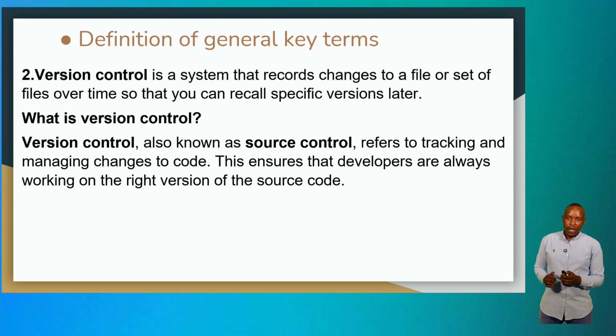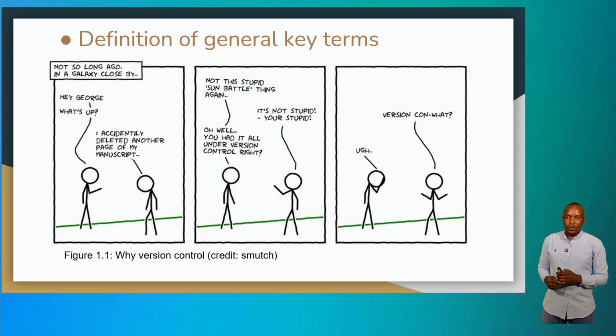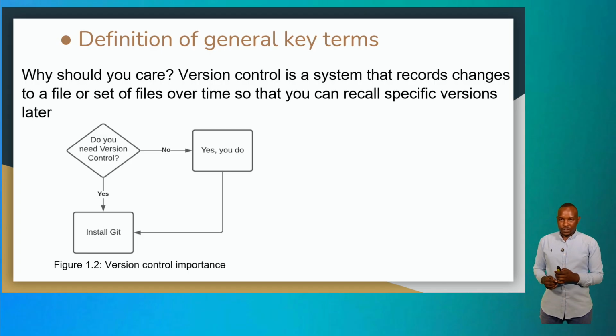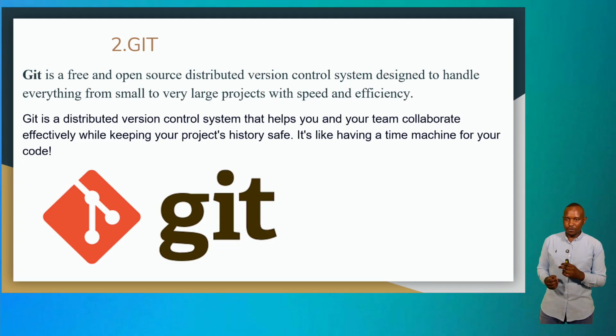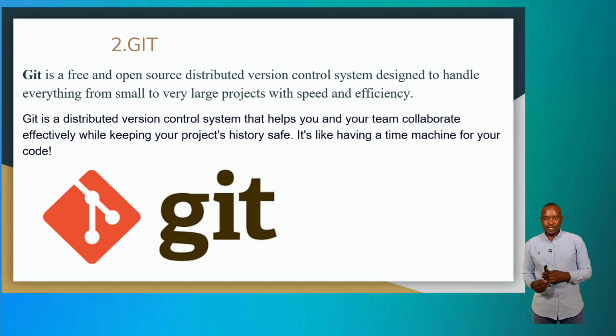Another definition we're going to see is Git. Git is one of the software we will need for this module. Git is a free and open source distributed version control system designed to handle everything from small to very large projects with speed and efficiency.